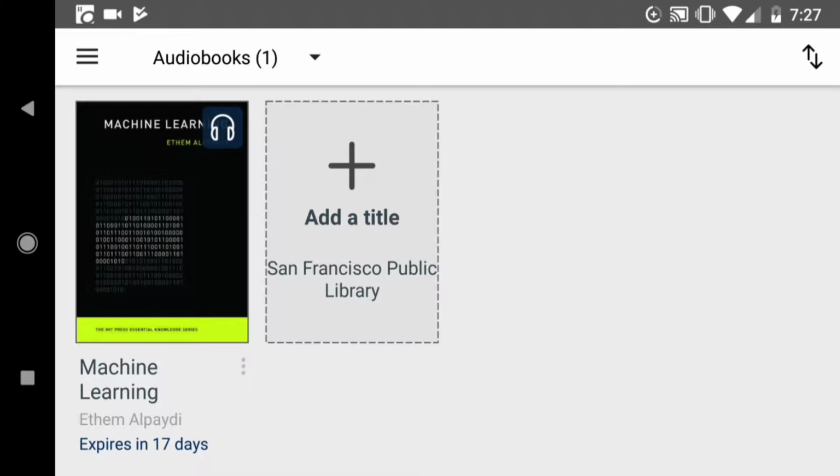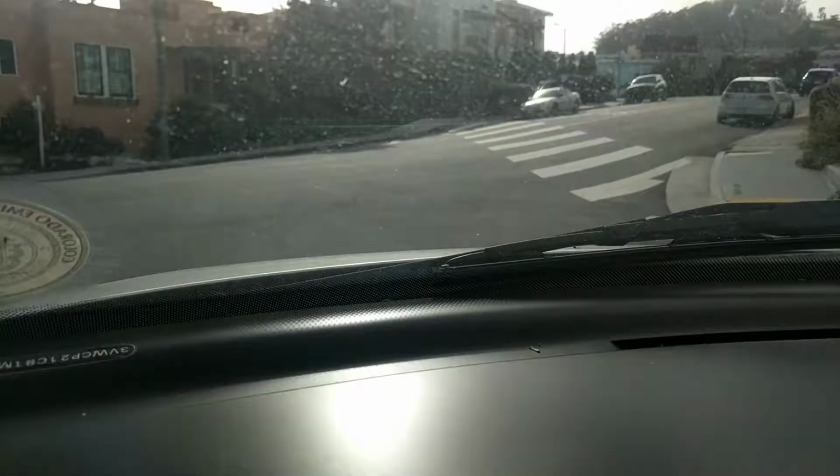I have been listening to this new audiobook, Machine Learning by Ethem Alpaydin. 0, 1, 1, 2, 3, 5, 8, 13, 21, 34, 55. You probably noticed that this is the Fibonacci sequence. The first two terms are 0 and 1, and every term that follows is the sum of its two preceding terms.